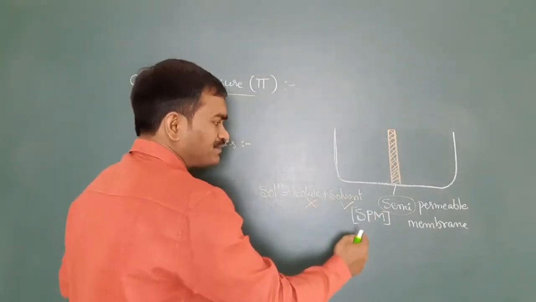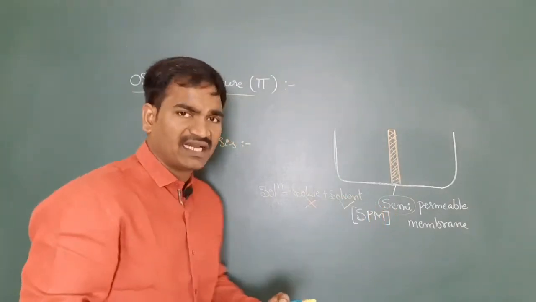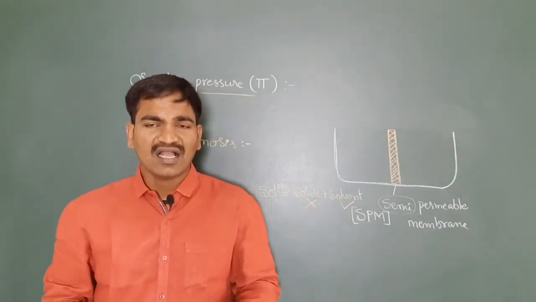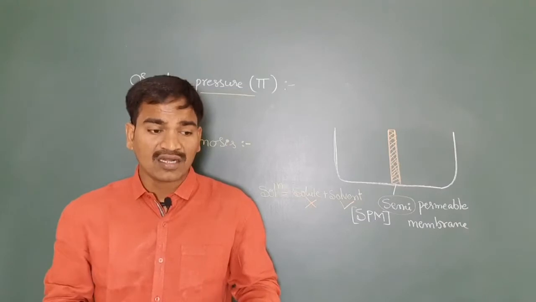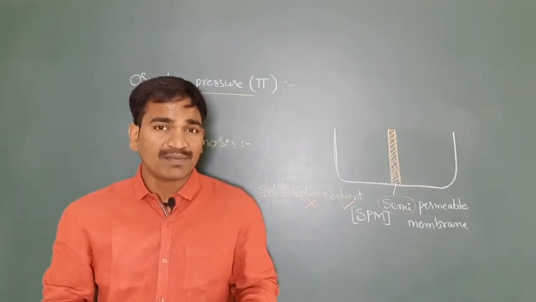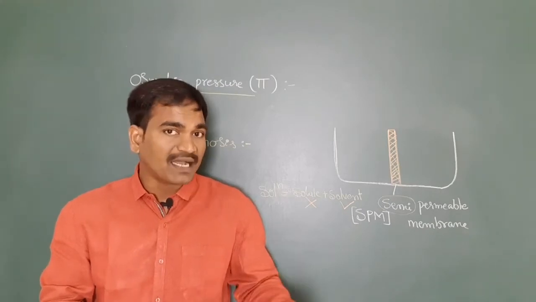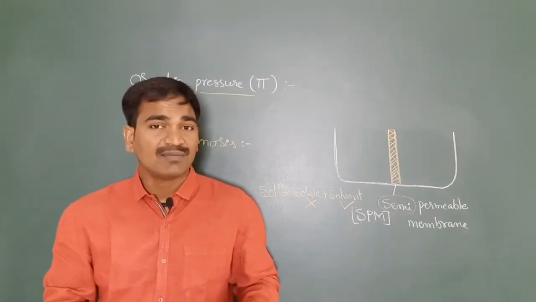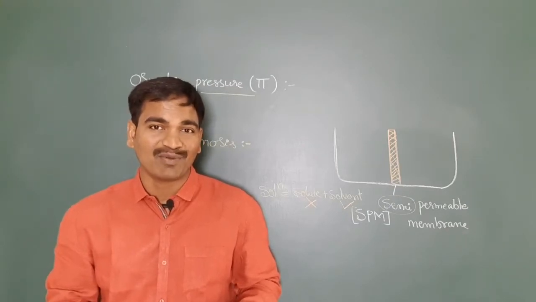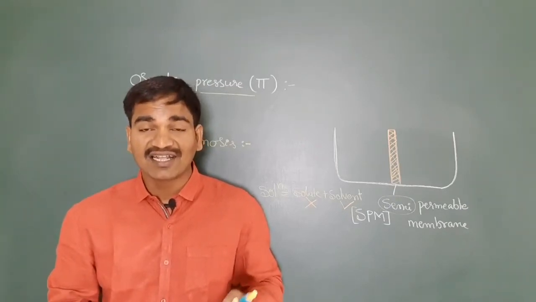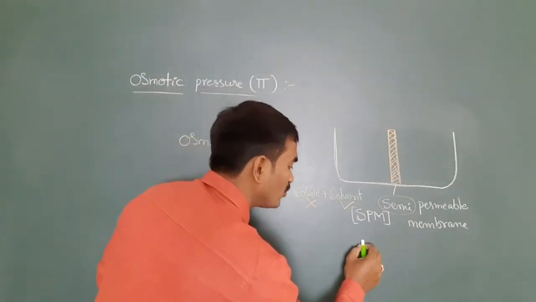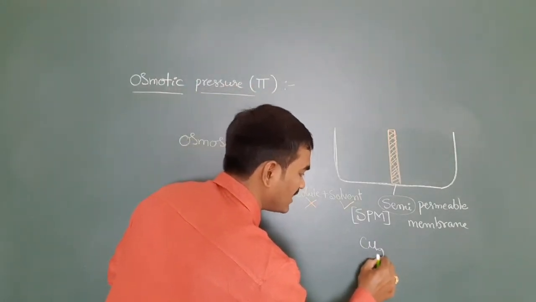Generally, there are organic semi-permeable membranes and inorganic ones. Organic means, as you know very well, animal bladders, which we can use as a semi-permeable membrane. Parchment paper we can also use as a semi-permeable membrane. Inorganic semi-permeable membranes are, here you see, cupric ferrocyanide, the formula I am writing.